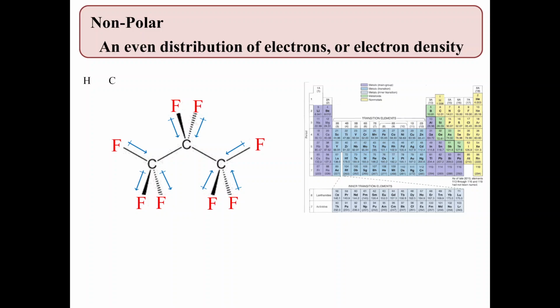And yes, they are pulling down as well, but this is largely counteracted by our leftmost fluorine, who's pulling the electron density up and away from the molecule. And this happens for the whole molecule as a whole. So if we don't have a side with more electrons or electron density, we have a nonpolar molecule.